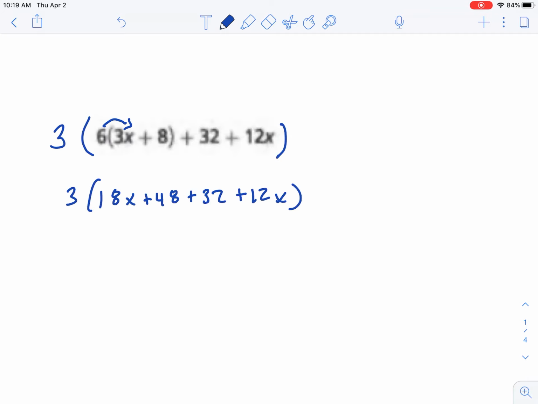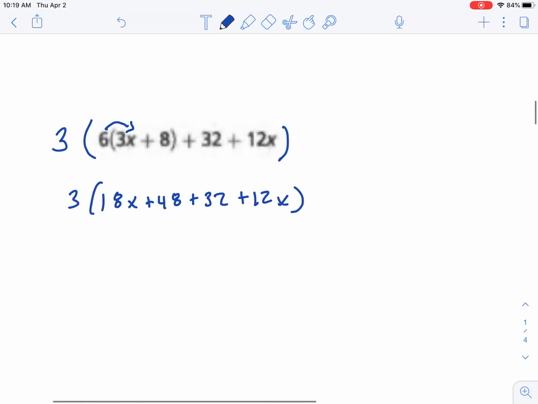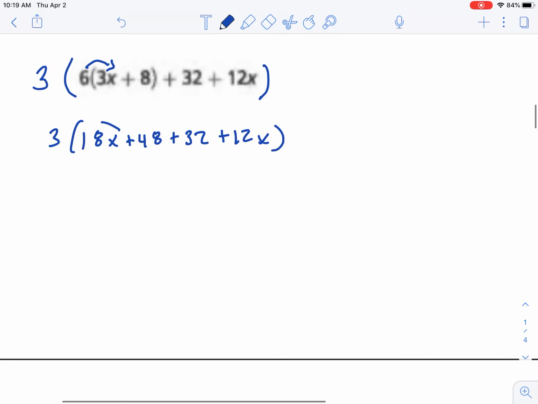Let's keep seeing if we can combine any more terms. Here I have 18x plus 12x. I end up getting 30x plus 48. 48 plus 32, which gives me 80.